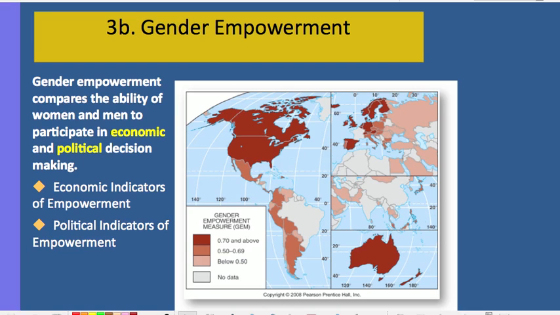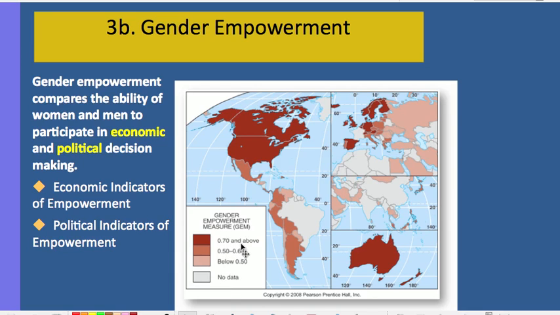Economically, think about women working in a big corporation, being a CEO or being in a management position to make decisions. Political empowerment would be like being the president or the leader of the country, or in Congress or Senate, or a judge, some political position. So looking here at gender empowerment in both economic and political powerful decision-making positions all together.